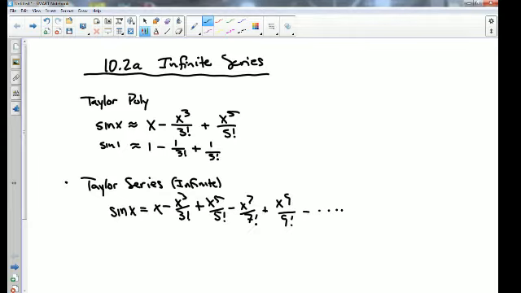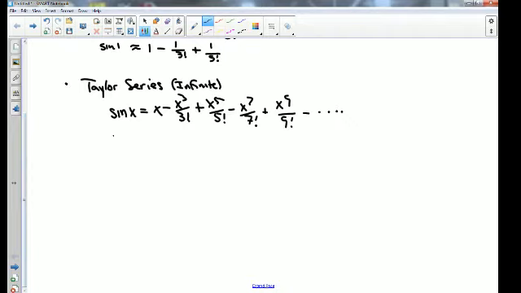We can approximate the sin of 1. Oop, that should be a 1. Same method as before. And that would be an exact sin of 1.